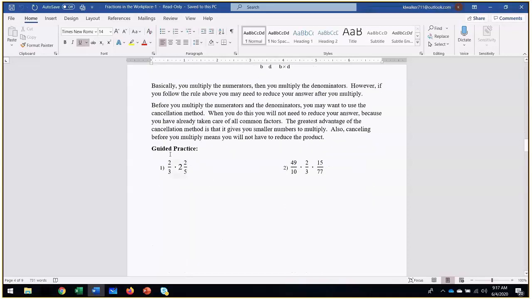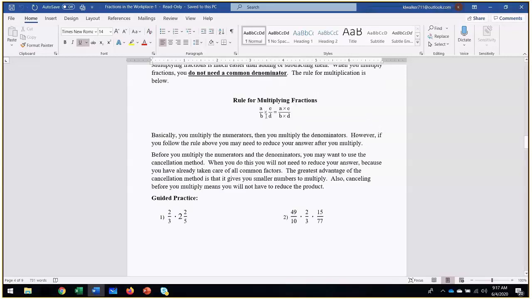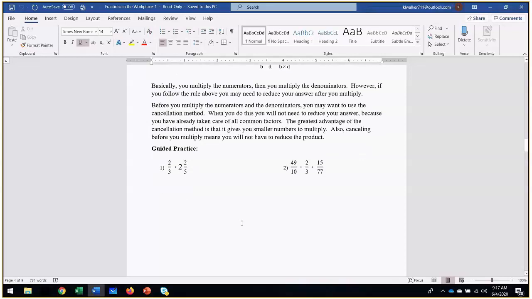If you have mixed numbers, like you have in this first problem, mixed numbers have to always be converted first to improper fraction form because you have to go straight across, and if there's a mixed number involved in there, it gets caught up in the mix. So you only want numerators and denominators. You won't want anything in front so that you can just take it straight and straight. So let's look at number 1. It's 2/3 times 2 2/5.